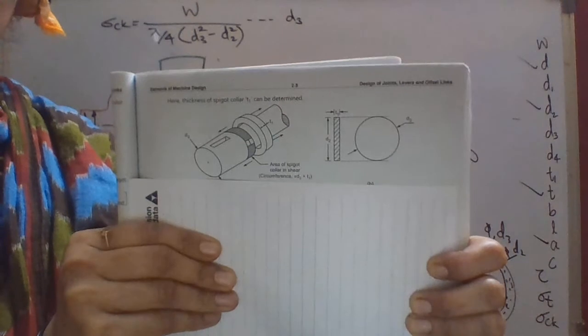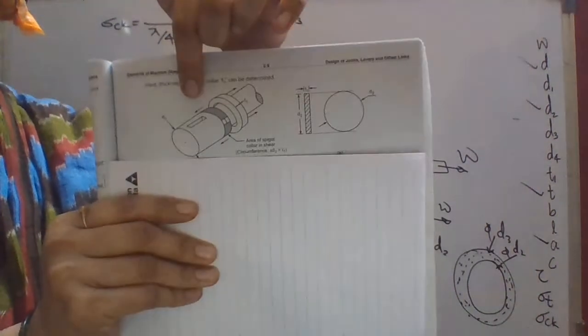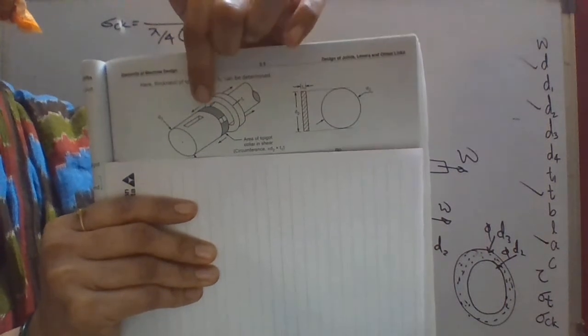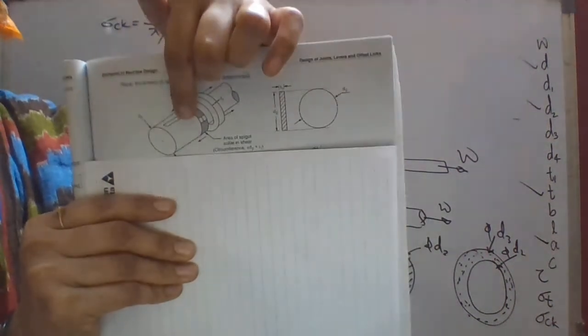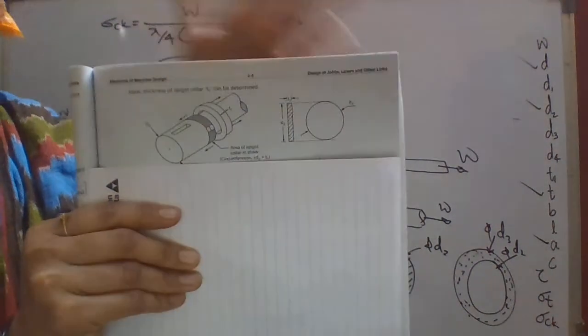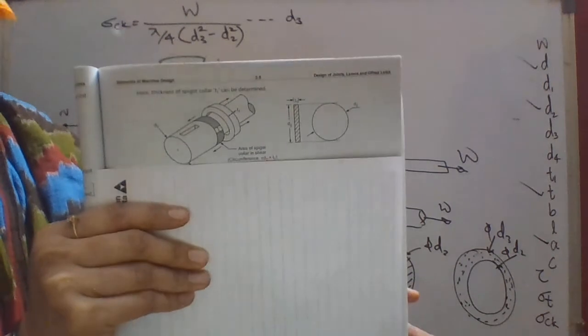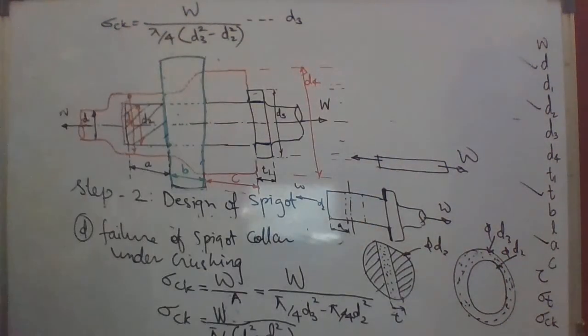The area shown with hatching in this 3D view. So how much will that area be? It will be the circumference of this ring into the thickness, and that thickness is nothing but the thickness of the spigot collar. So that area will be pi into d2 into t.